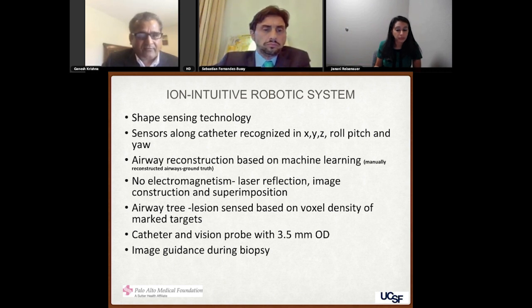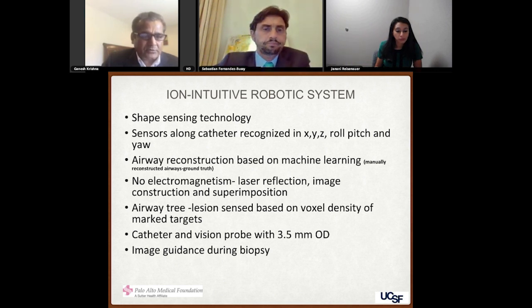So that constant effort in retaining that shape sensing technology will help us maintain our position and limit the distortion that can cause airway to nodule relationship changes in the periphery.